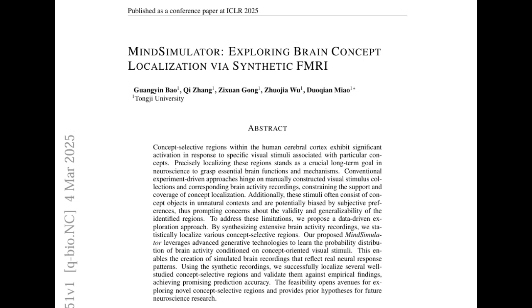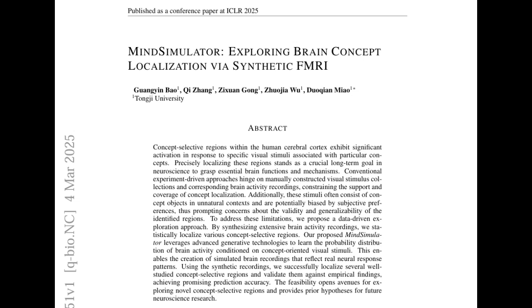Exactly. Concepts aren't like isolated islands in the brain. They're all interconnected in these intricate webs of meaning. Think about the example of the surfer region that we discussed earlier. It's not just about recognizing a person on a surfboard. It also involves understanding the concepts of ocean, waves, balance, maybe even the thrill of riding a wave.